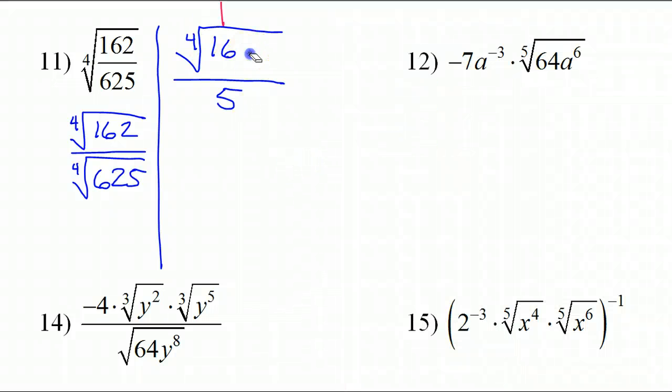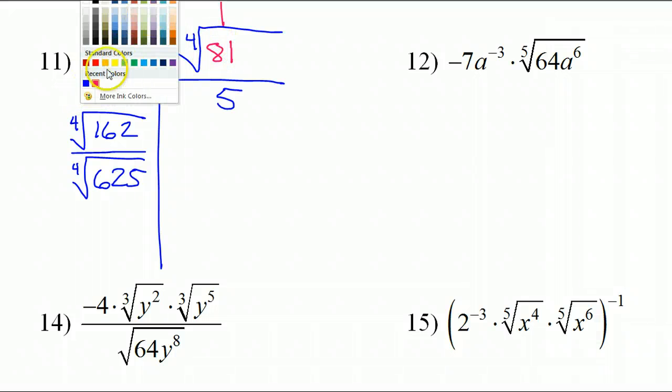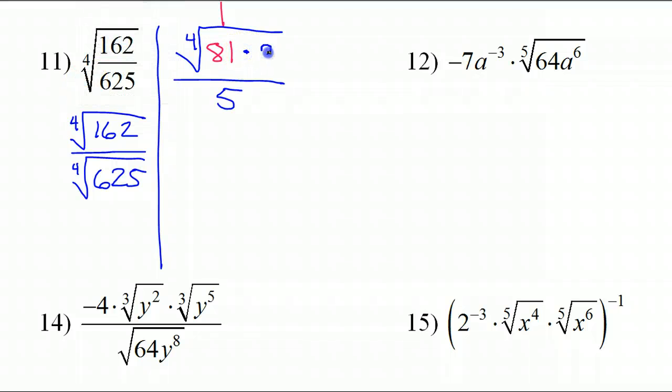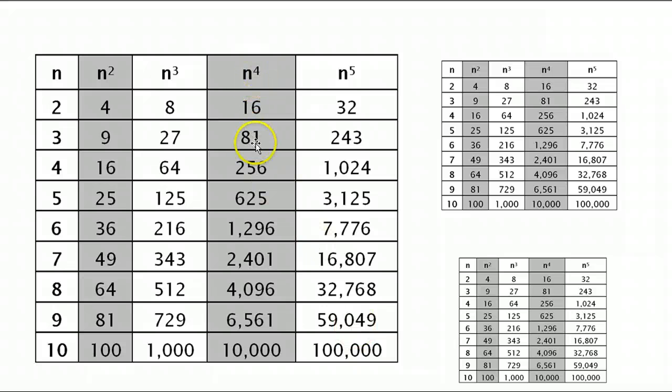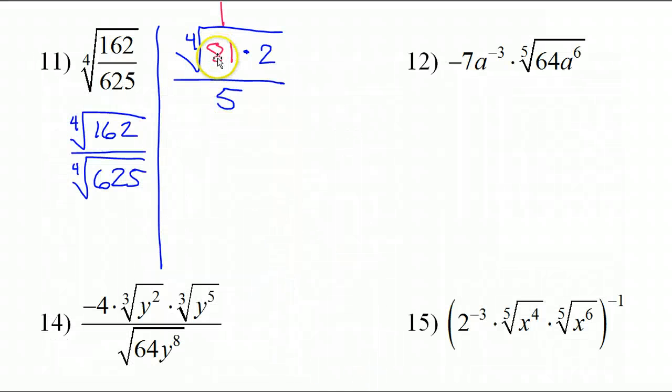So instead of putting 162, let's put 81 times 2. I wrote 81 in pink because I can do the fourth root of 81. The fourth root of 81 is 3, because it's right here on the list. So I can do the fourth root of 81 and bring it outside of the radical.